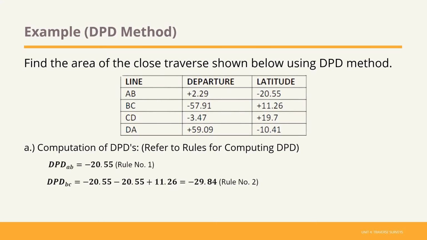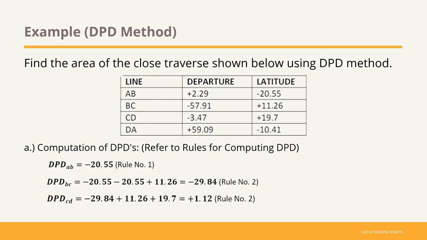Next is the DPD at line BC, which is equal to the DPD of the previous, so it is negative 20.55, plus the latitude of the previous, which is also negative 20.55, plus the latitude of the course itself, which is equal to 11.26. And now the DPD at line BC is equal to negative 29.84.